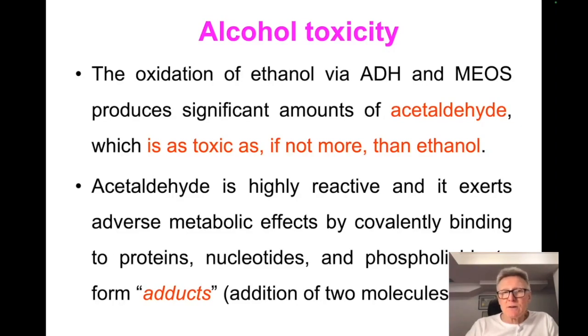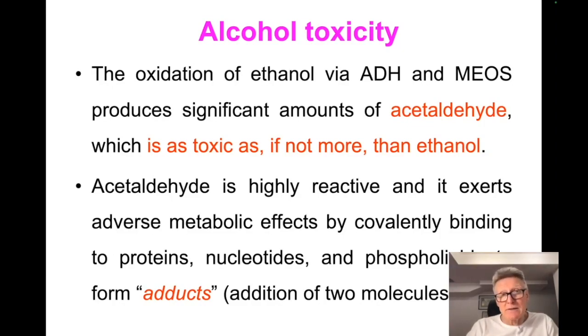The oxidation of ethanol via ADH and MEOS, remember those 2 oxidative systems, produces significant amounts of acetaldehyde. Remember, that is the intermediary molecule before it becomes acetate. Acetaldehyde is very toxic, probably even more toxic than ethanol itself.